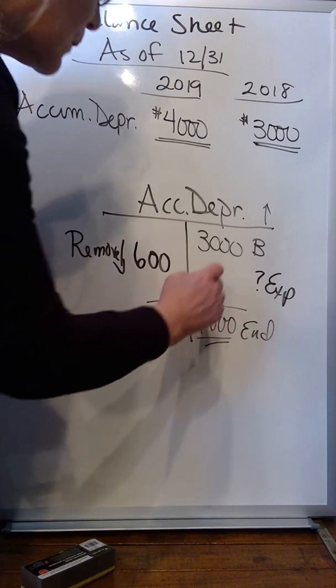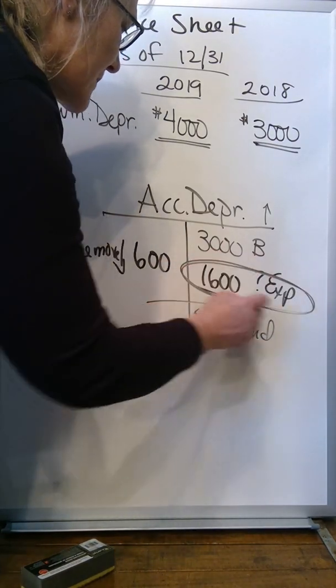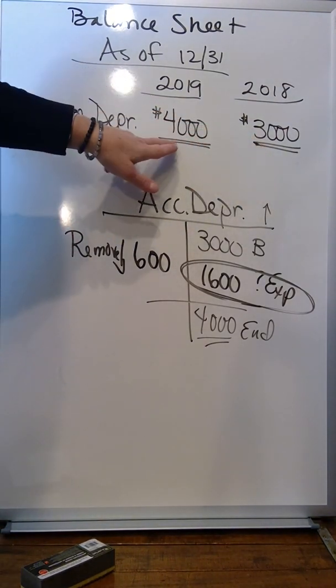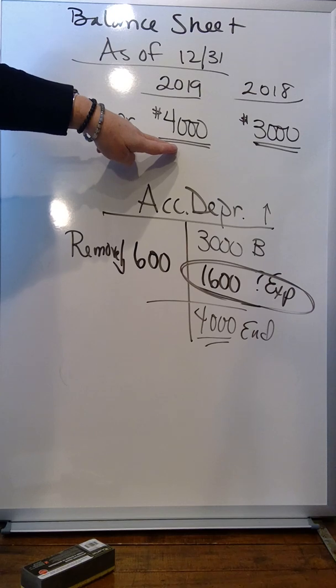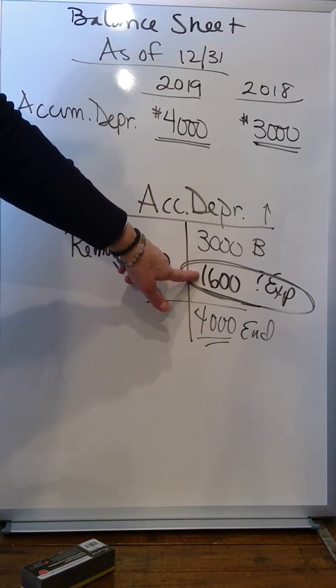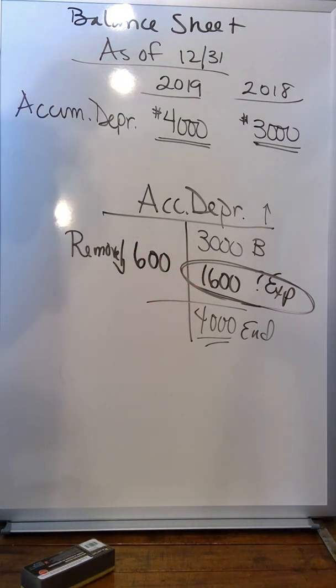They must have recorded $1,600 of depreciation expense. And so instead of simply the difference between these two accounts, they did not record $1,000 of depreciation expense. They actually recorded $1,600. This is what's in net income, and this is what needs to get added back in the operating activities section of the statement of cash flows.